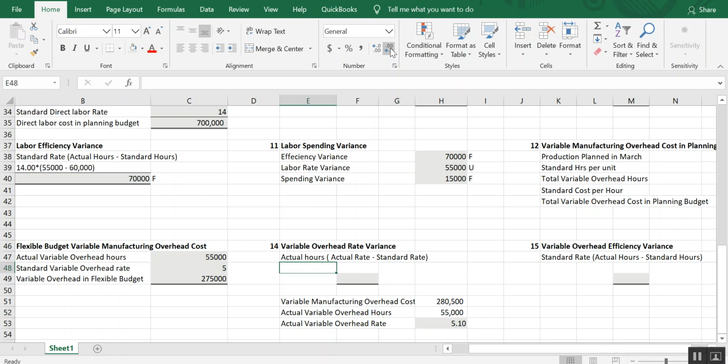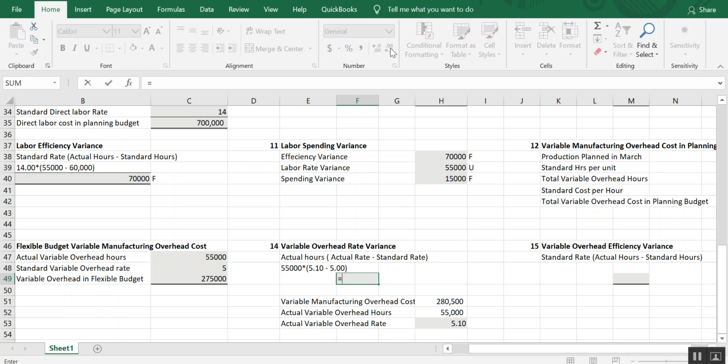So here, for the variable overhead rate variance, we take the actual hours of 55,000 times the actual rate of $5.10 minus the standard rate of $5 to get the variable overhead rate variance. So let's do that calculation.